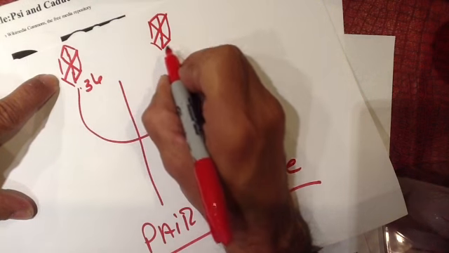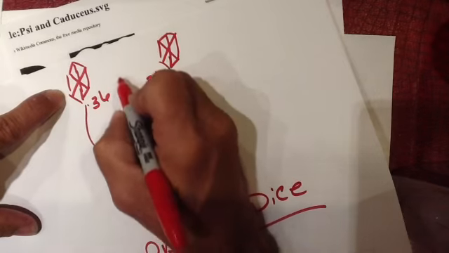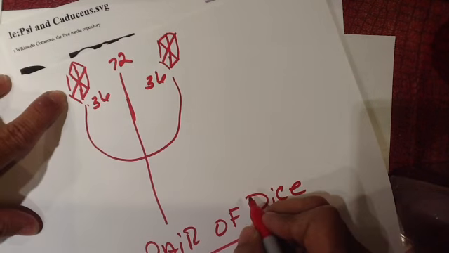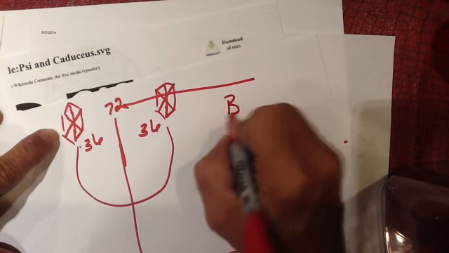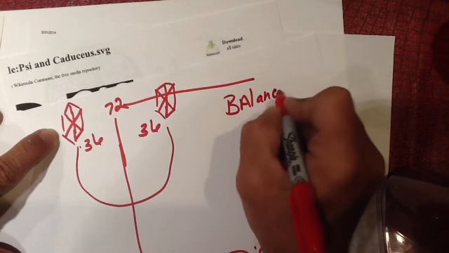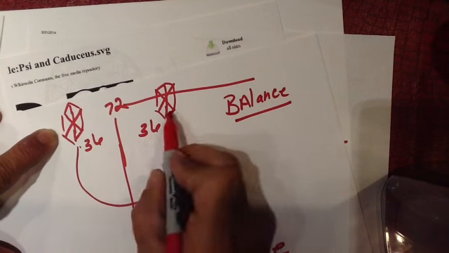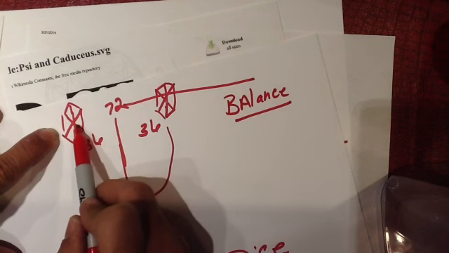This one has a possible combination of 36. 36 and 36 is 72. 72 is balance. Okay, the 2 combinations together, the paradise, the 2 cubes.